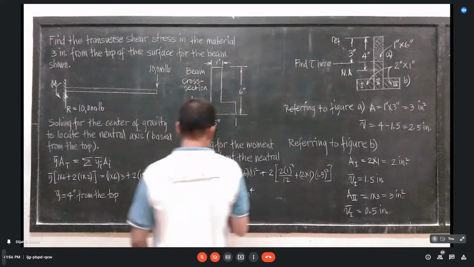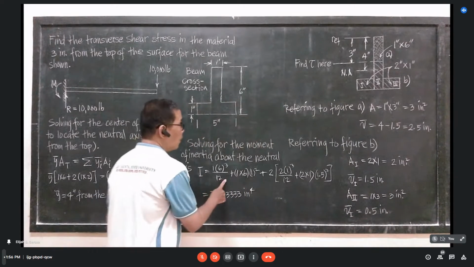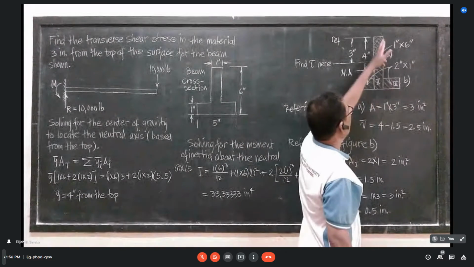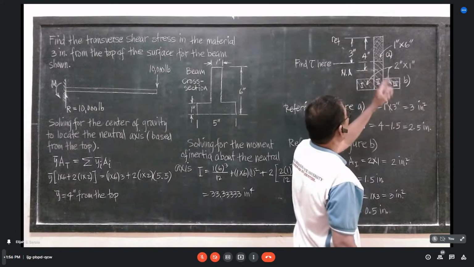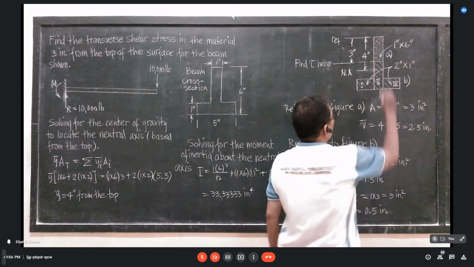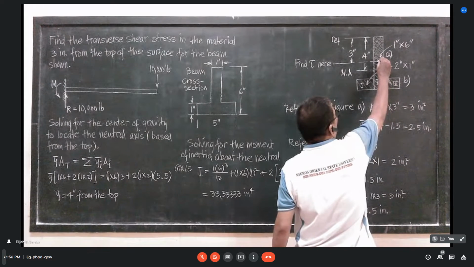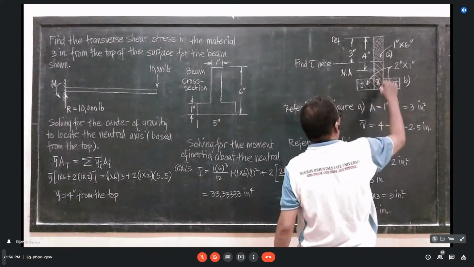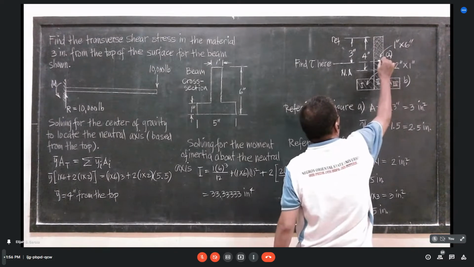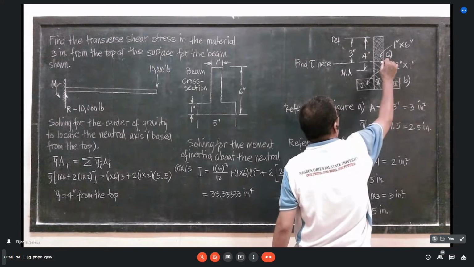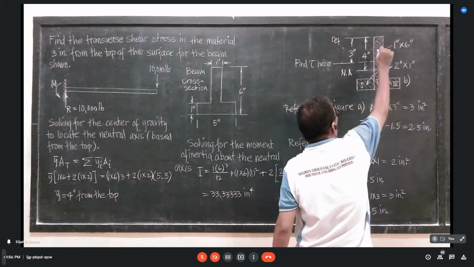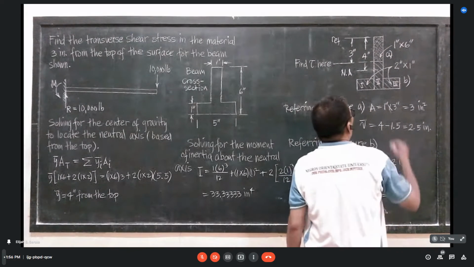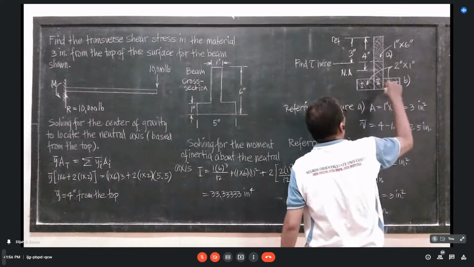This is your moment of inertia about the centroid of this upright rectangular body. But its centroid is here, no? Which is 3 from the top. Because this is a common regular shape, a rectangle.